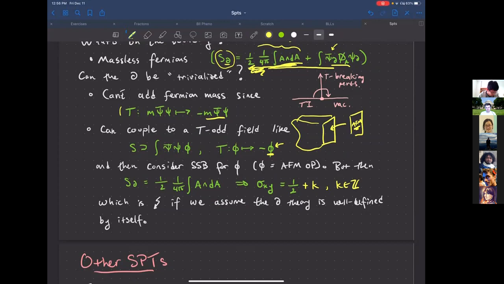So the claim is that in both of these examples, the way that I'm regulating breaks time reversal symmetry, so I should get an integer Chern-Simons term. So the integer Chern-Simons is without the half, without the first term.